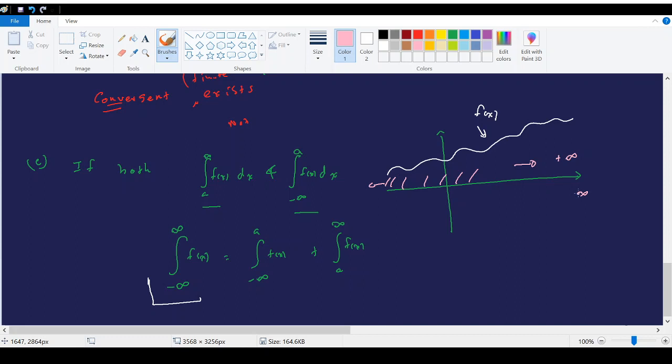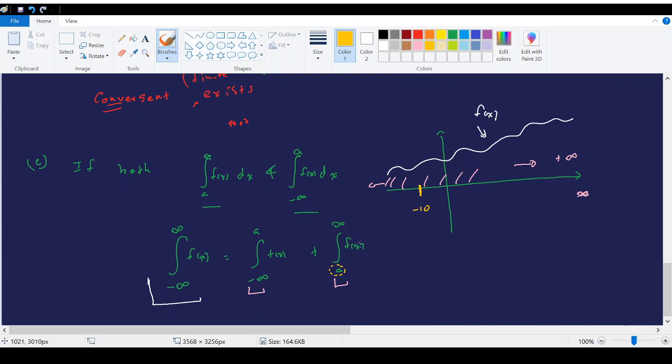Okay, so this represents the area throughout the region of x. And these two will represent area like this. Now this value a need not be 0 all the time. It can either be 0 or you can even choose any number, right? Like a can even be a negative number. Let's take negative 10.